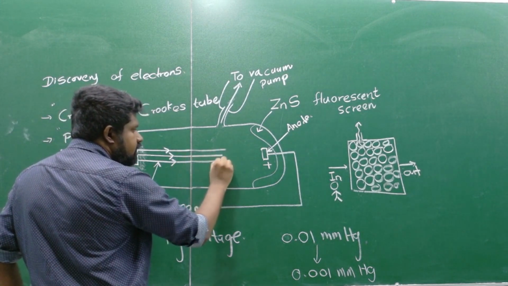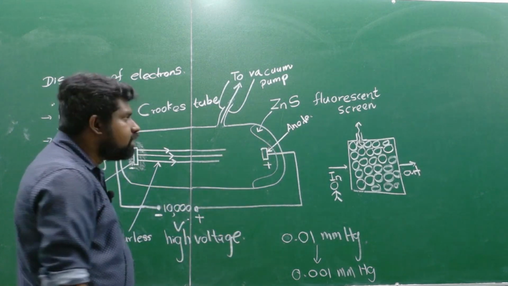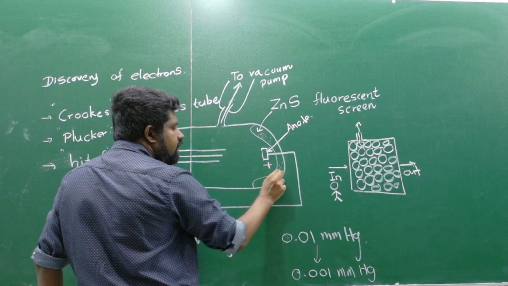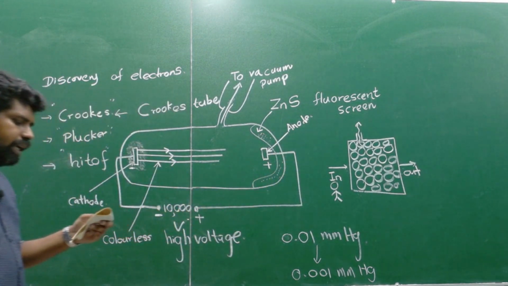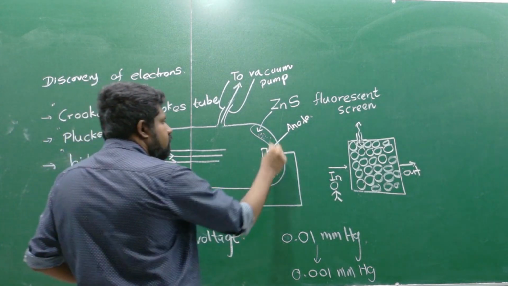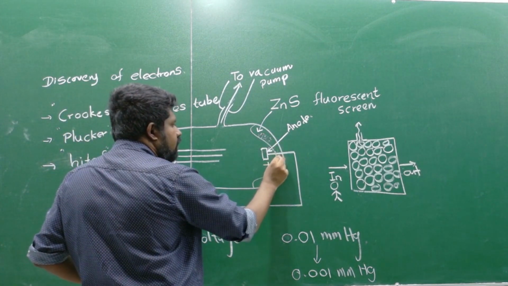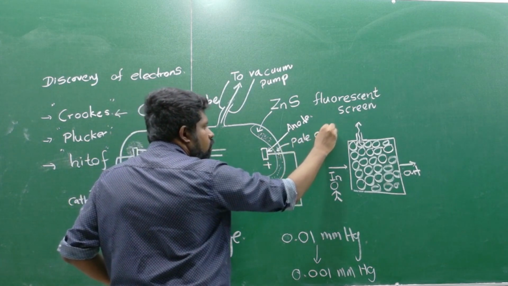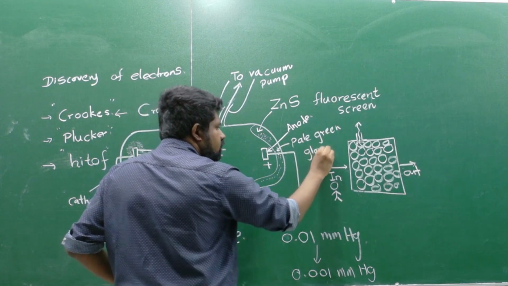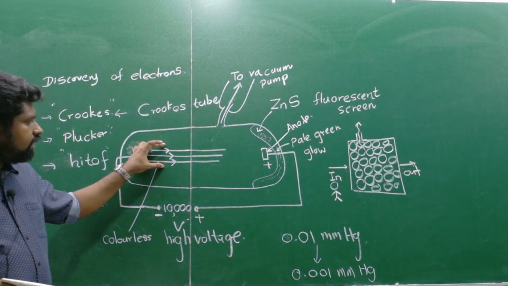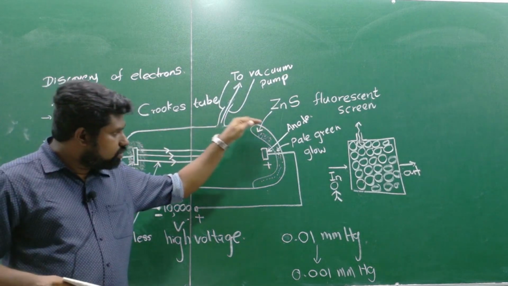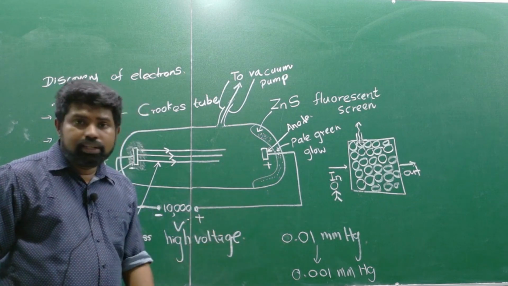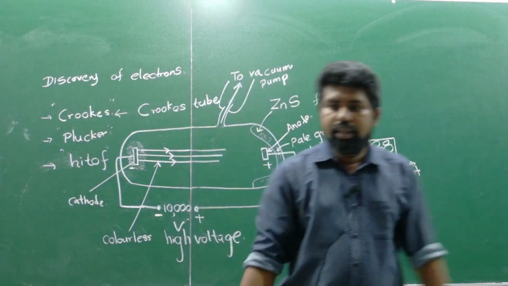When these rays collided with the zinc sulphide fluorescent screen, a pale green glow was observed. So the screen becomes a pale green color. Write down, this is very important.